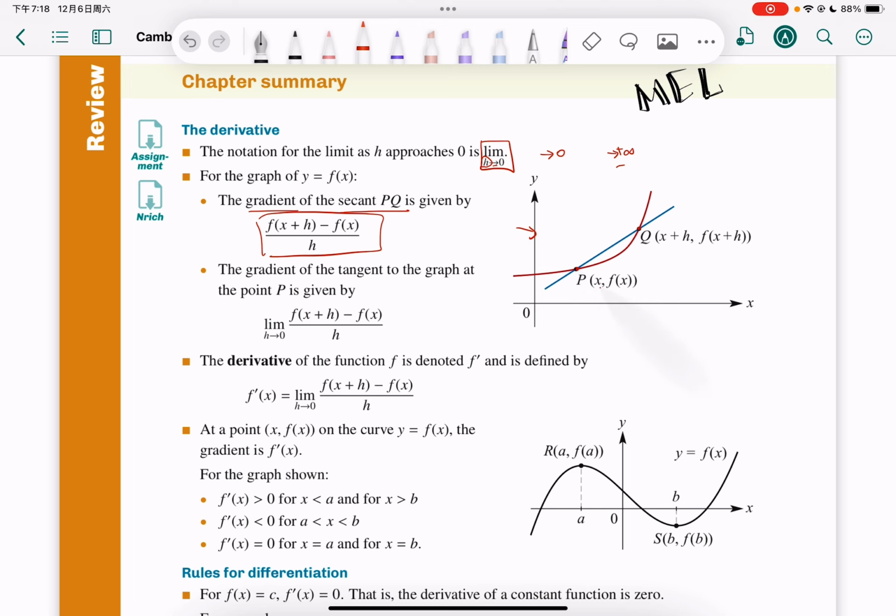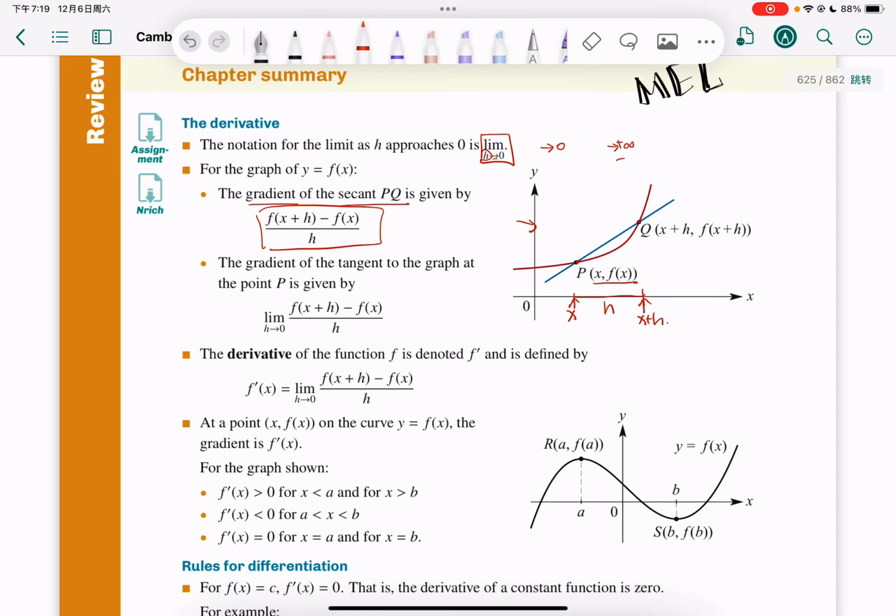P we have x, f(x), and Q we have x plus h, f(x plus h). So it's clear that this part should be h. So this point is x, this point is x plus h, and there are the corresponding y values.